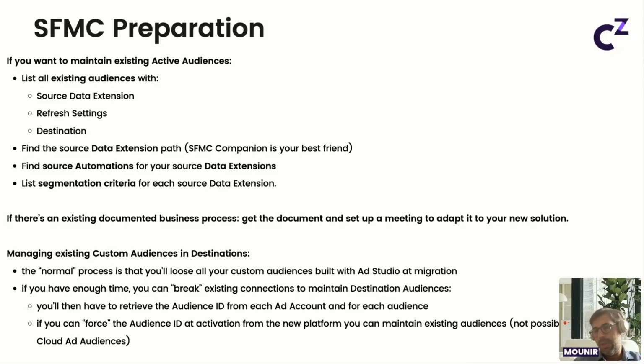I don't know exactly how it's named, but it's the audience ID. And this ID, if you use it with the new platform, with the same name of the audience, so the same label and the same ID, you'll be able to populate the same custom audience at the destination. So you'll be able to just update with the new platform the existing one that was created with Advertising Studio.